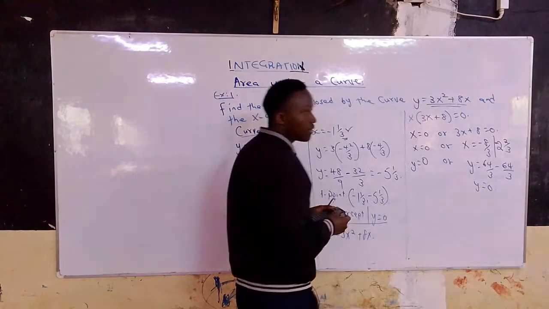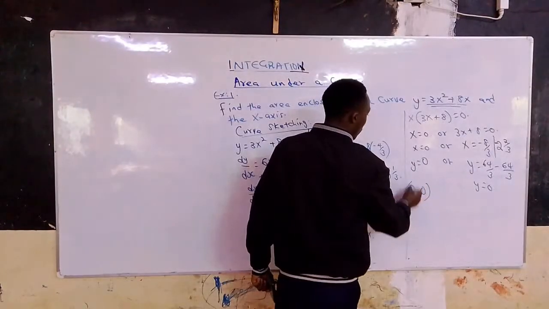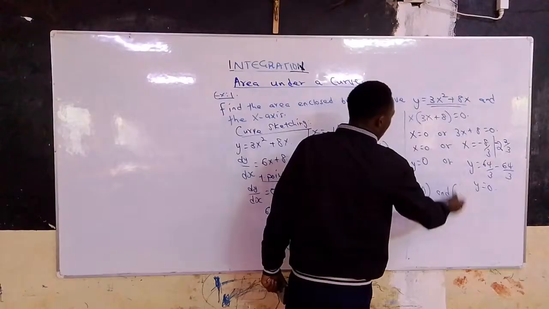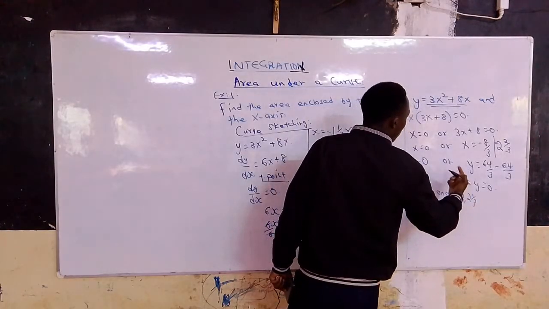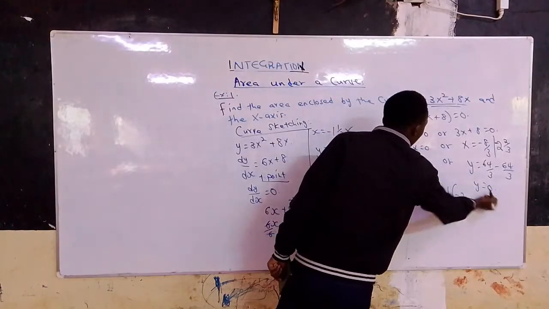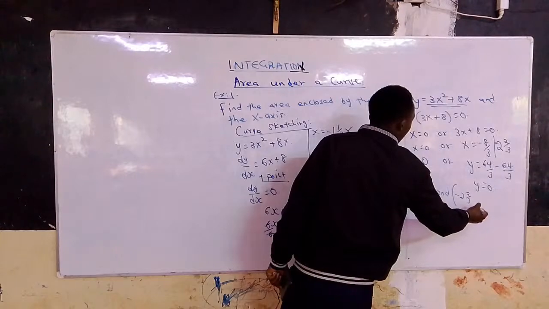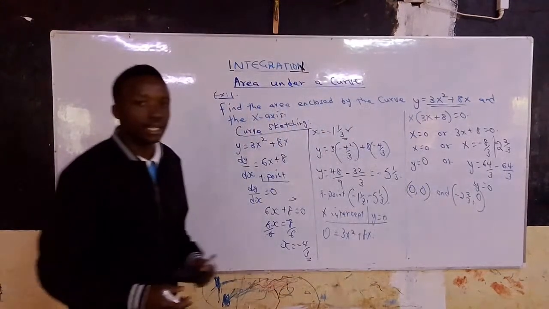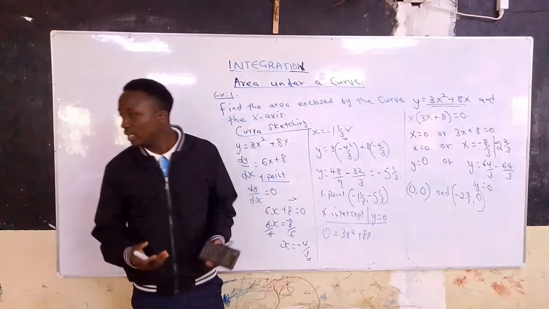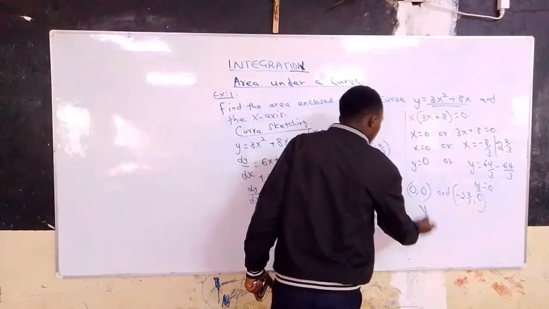So our coordinates for the x-intercept will be 0, 0, and negative 2 and 2 over 3, 0. Those are the coordinates of the x-intercept. We can now proceed to determine the coordinates of the y-intercept.